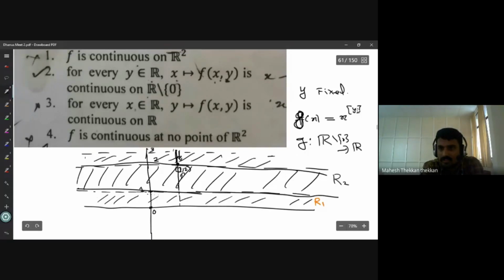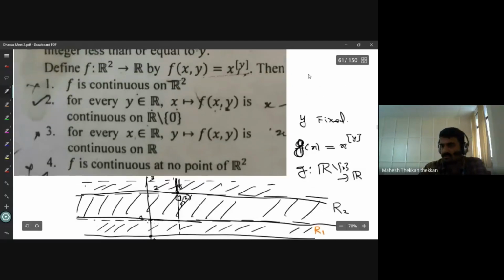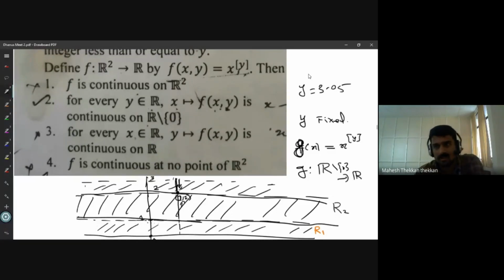Suppose y is some value like 3.05, so what about the integral part of y? That is 3, right? Then g of x is x cube, so it takes negative values also. So your function will be R minus 0 to R.